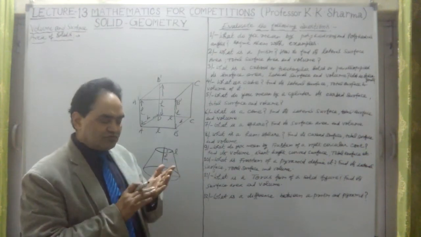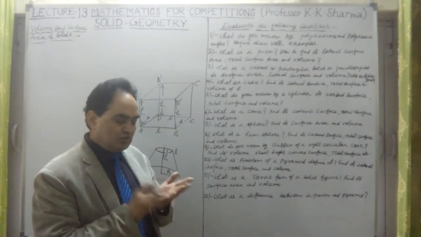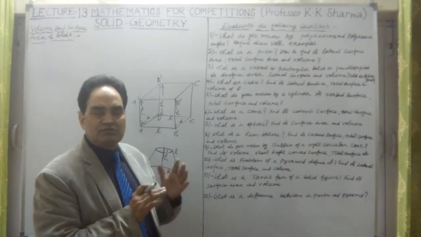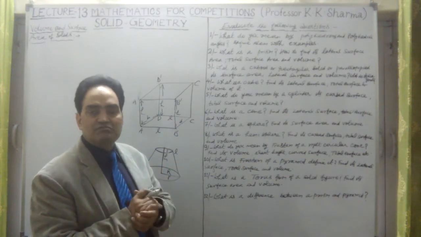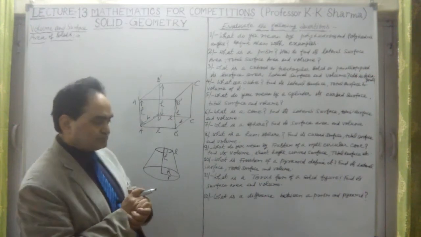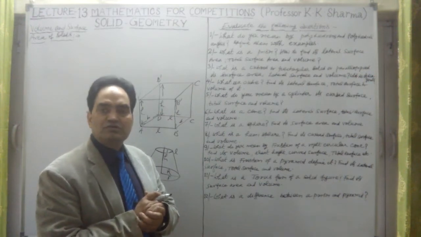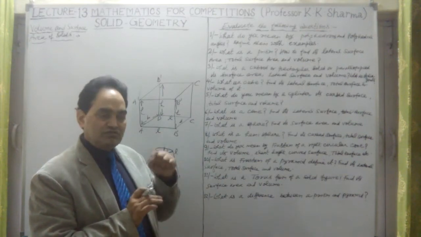Now, in the case of solid figures, there are three kinds of things mostly required. What is the volume of that three-dimensional figure? What is the lateral surface area, or surface area? In the case of a cuboid, what is the area of the four walls? That is known as surface area.